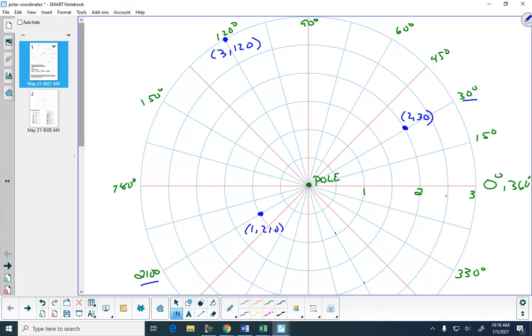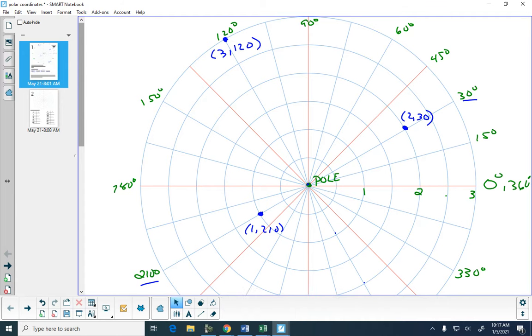I still want to go to the 300 line, but if I go out +3, I go down along the 300 line. If I go -3, where do you think we go from the pole? I'm at my pole, and +3 goes out along this line. What would it be if I go -3?